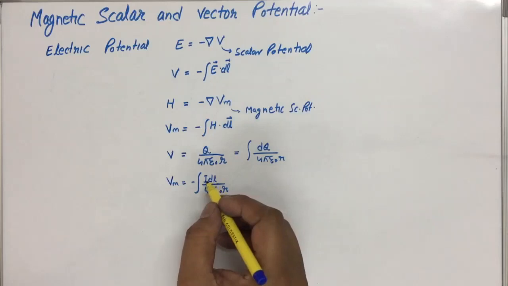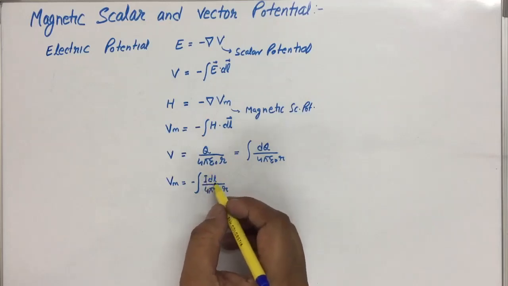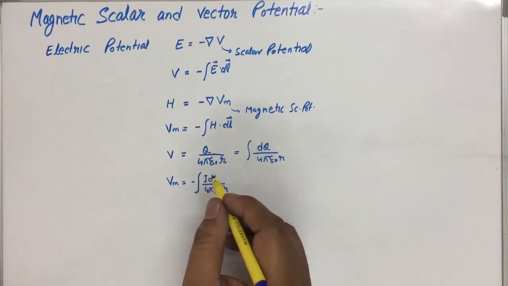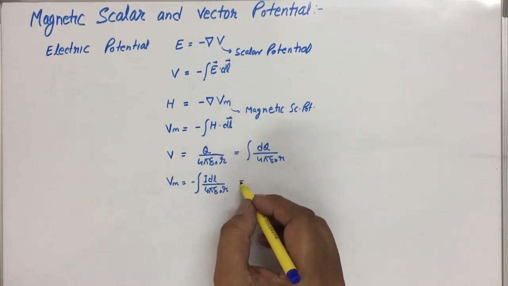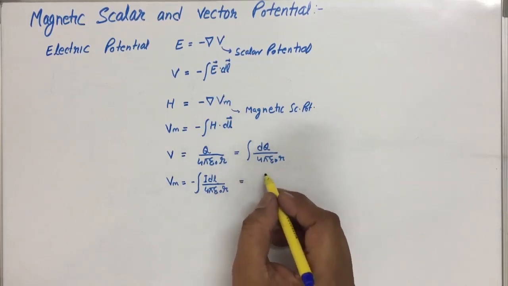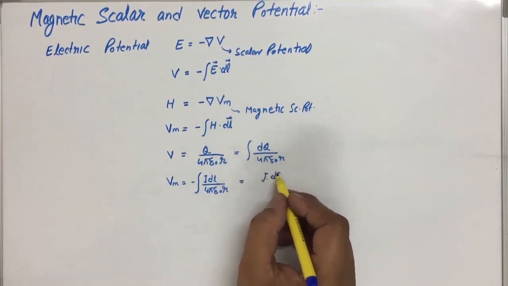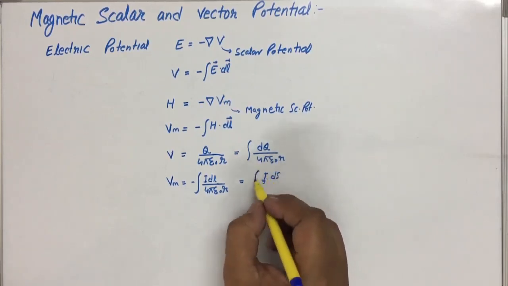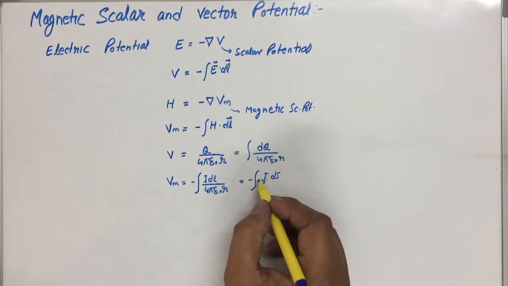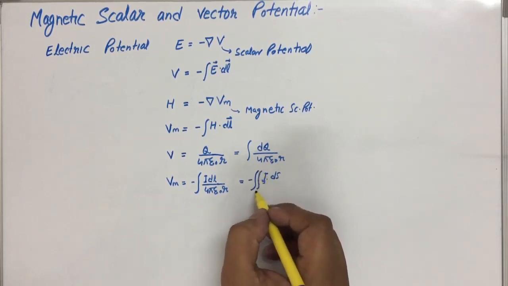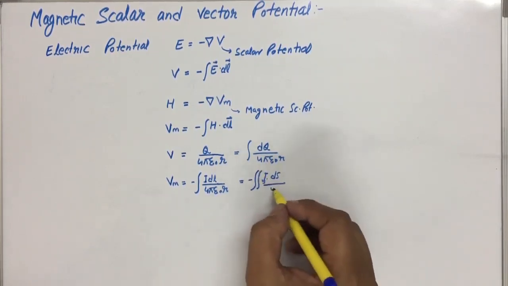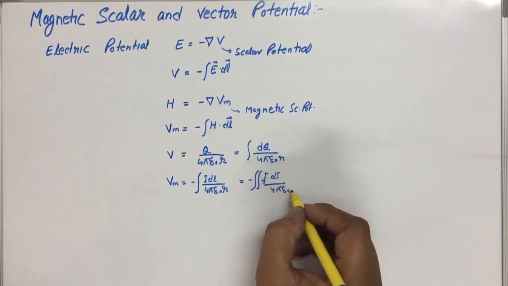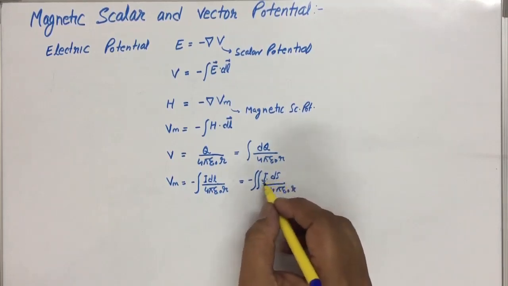If the line current is there, then this will be I dl, and if we have the surface current, then we will say J dot ds, where J is the surface current density, and this is for the surface integral, and the denominator will remain the same.